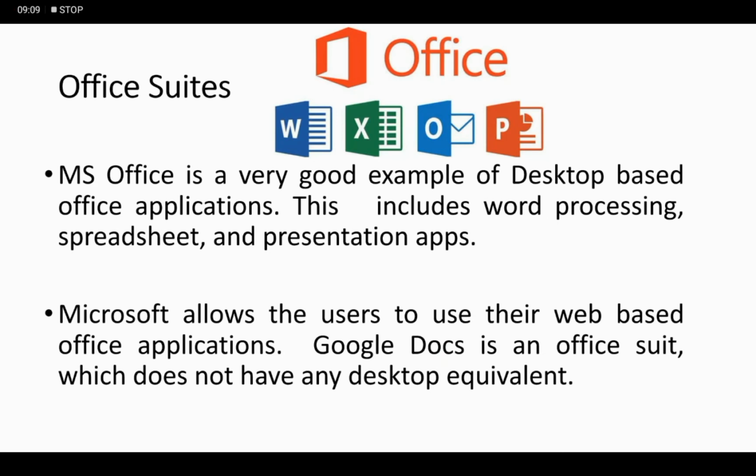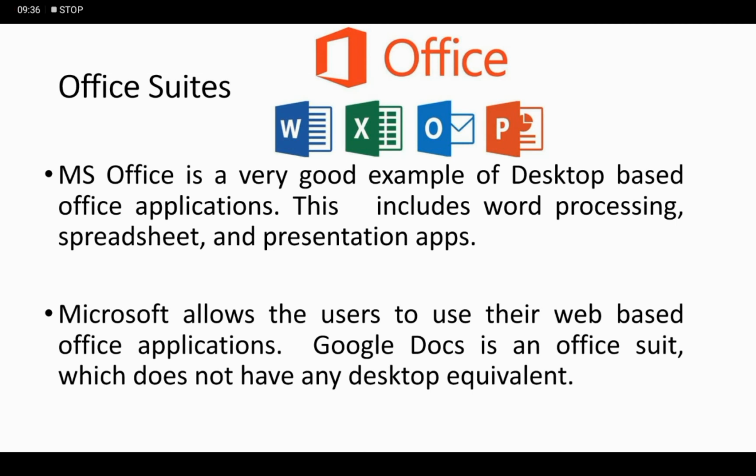Office suites. MS Office is a very good example of desktop-based office applications. This includes word processing, spreadsheet and presentation apps. As you know, we can use MS Word, MS Excel, MS Outlook, MS PowerPoint on our desktop computer very easily.